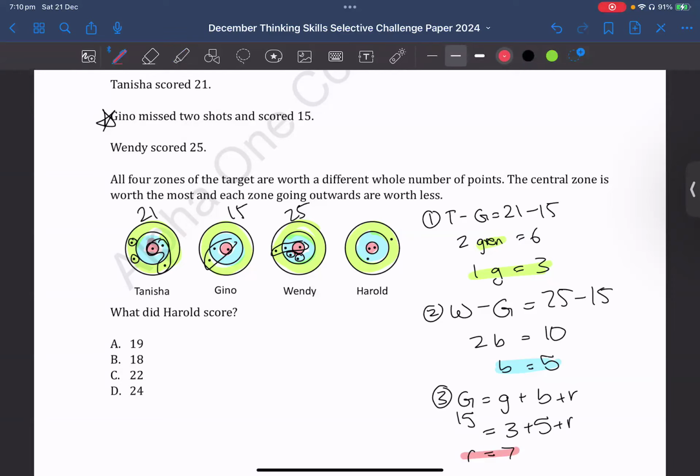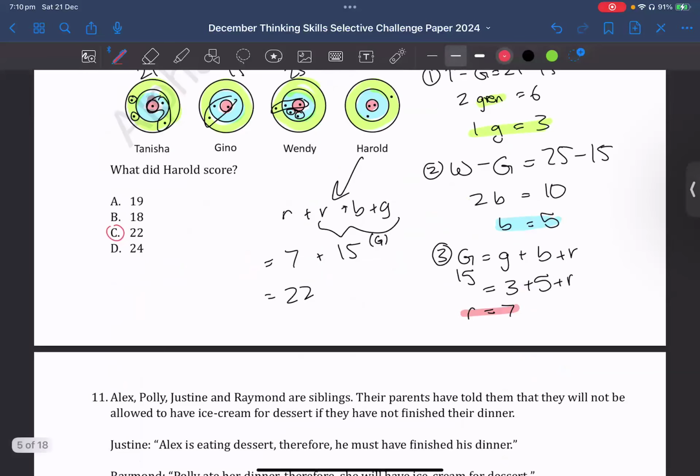Harold is just red, 2 reds, and then a blue and a green. And this we know to already be 15 from Gina's score. And I know the red is 7, which means it's going to be 22, which is why the best answer for this, the only answer really, is going to be C.